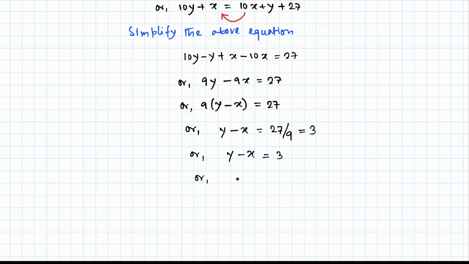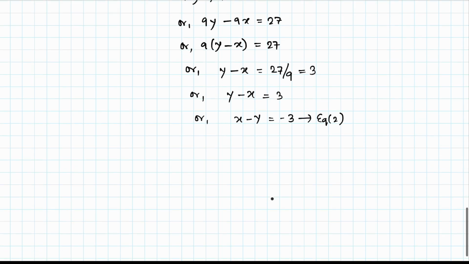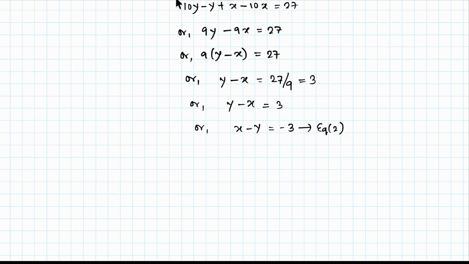So y minus x equal to 3, or x minus y equal to minus 3. So this is my equation 2. That is how we frame both equations from the statements. Observing and noticing the statement is very important, because that is the base on which the equations will be formed. If that is wrong, everything down the line will be wrong.